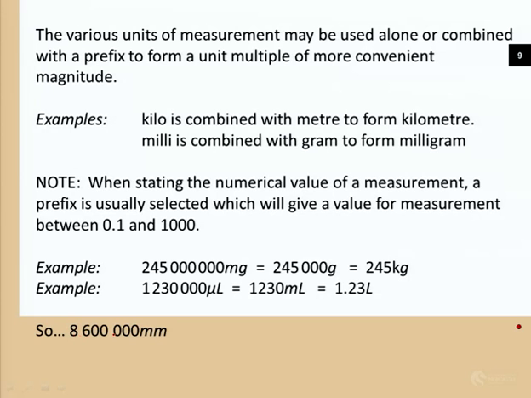So if I've got 8,600,000 millimetres, well, we'll have a technique for this next week. But if 1,000 millimetres is a metre, it'll be the same as 8,600 metres. And if 1,000 metres is a kilometre, it'll be 8.6 kilometres.